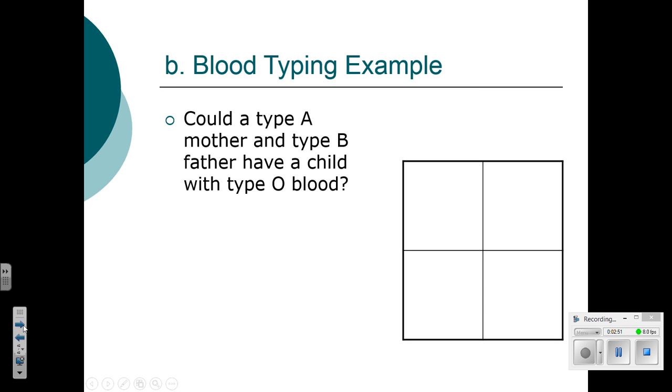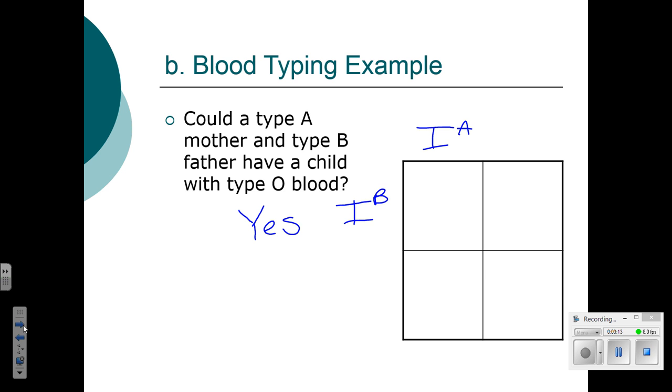All right, so then the next one says, could a type A mother and a type B father have a child with type O blood? So what do we think? The answer is actually yes, they absolutely can. Okay, so if mom is type A, we know dad is type B, they both have to have that for sure.